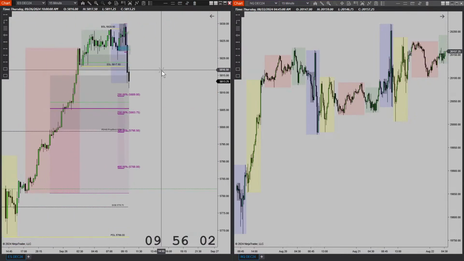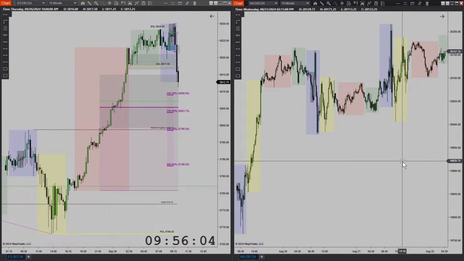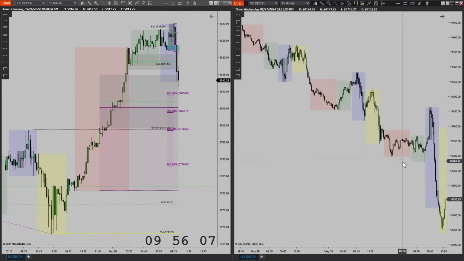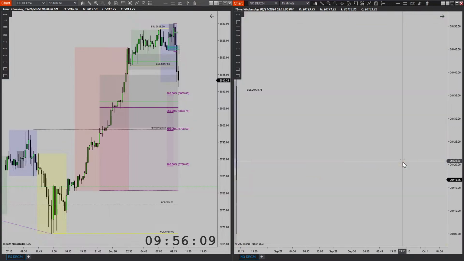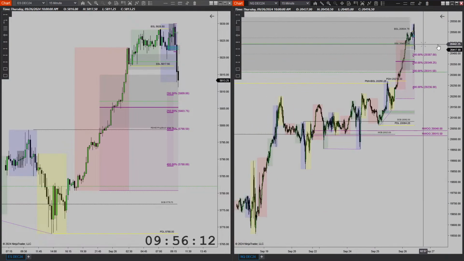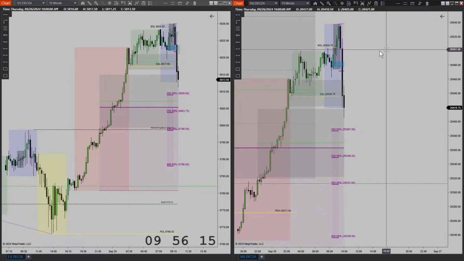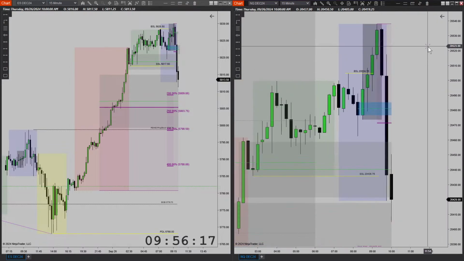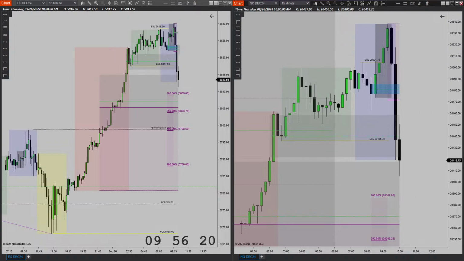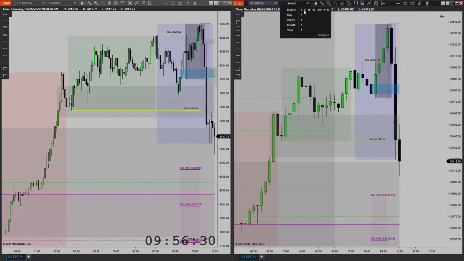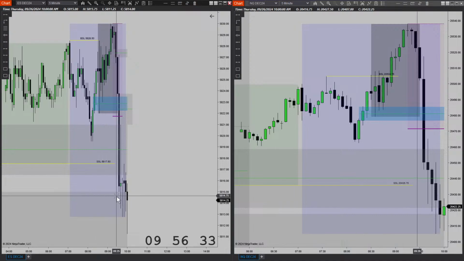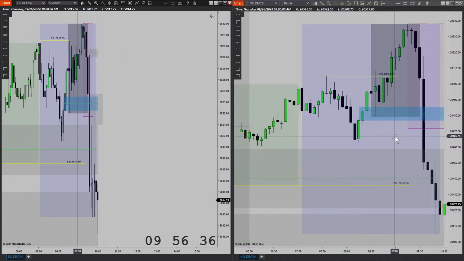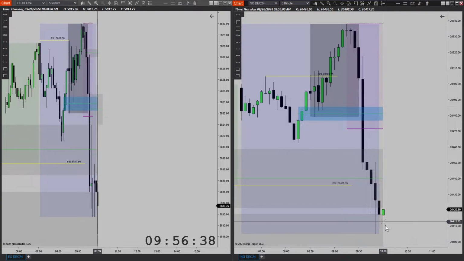And so we are holding. We took that. Hmm. So we do have SMT between ES, ES and Q has SMT with YM. Let's take a look what the 5 minute is telling us. So we do have some sort of area here, SMT between the 5 minute.